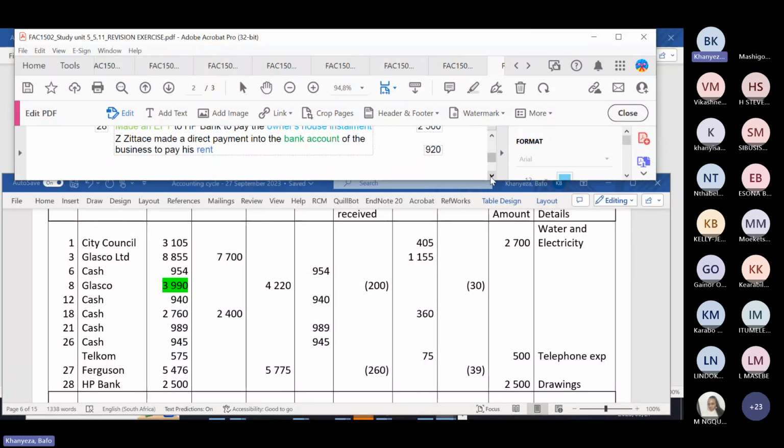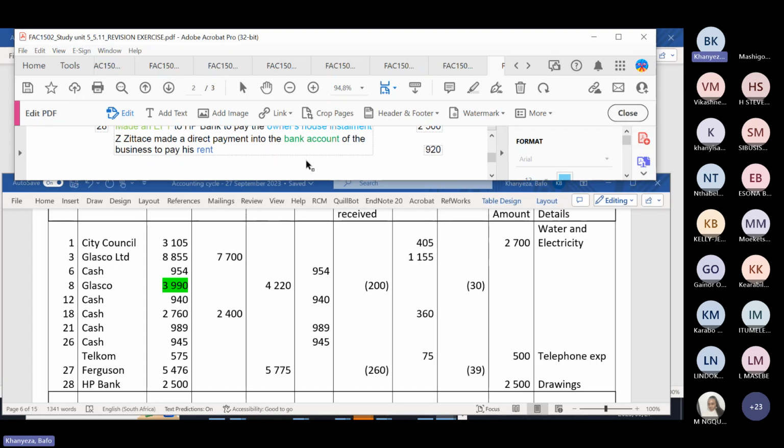Then the last transaction is going to be Zitens made a direct payment to the bank account to pay his rent. So here the business is subletting, so we are subletting as well.